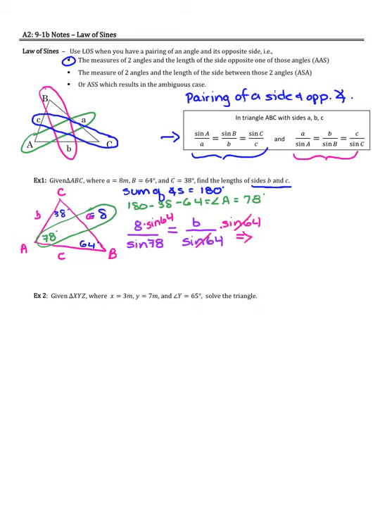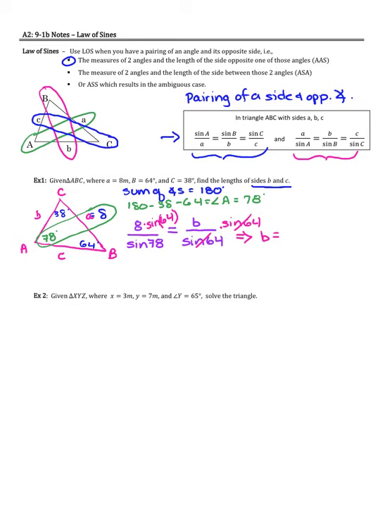Now, I will do this all at one time on my calculator. My one cautionary note to you is if you have a calculator that automatically puts parentheses before the 64, before your angle measure, make sure you close that parenthesis before you hit divided by.